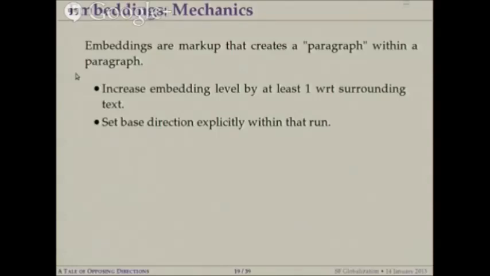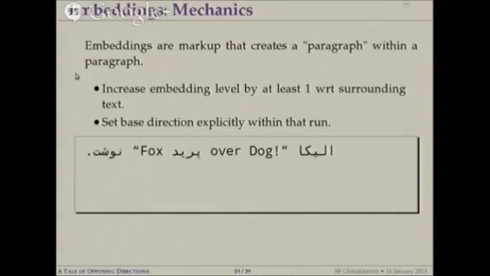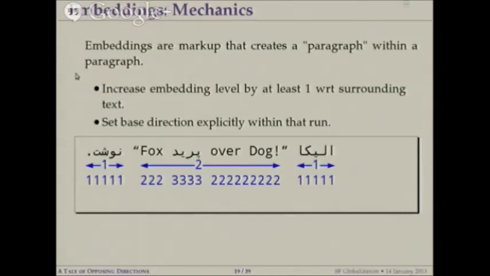So in this example, we can put an embedding around the left to right quote and say this is the left to right paragraph inside our right to left paragraph. And what that does is that the surrounding base text is all at level 1 because that's the base.